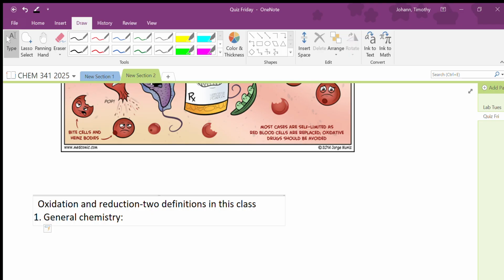What was it? Oil rig, right? Loss or gain of electrons. So we can talk about oil rig, right? So oxidation involves the loss of electrons. Reduction involves the gain of electrons.